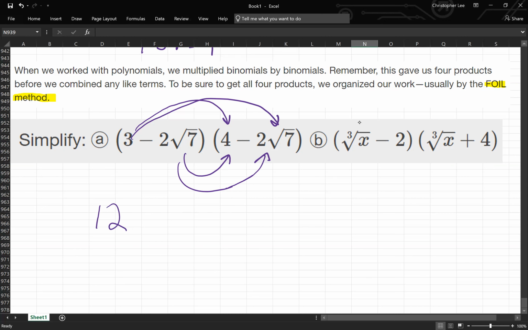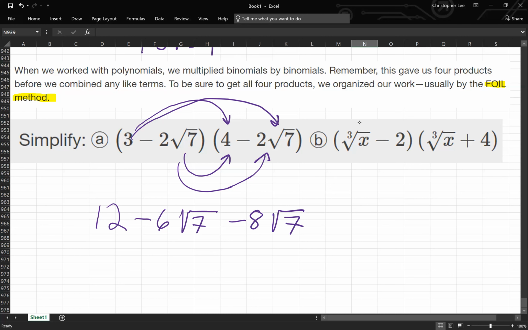And then 3 times negative 2 square root 7 is what? Negative 6 square root 7, that's it. All right? Negative 2 square root 7 times 4 is what? Negative 8 square root 7, very good.